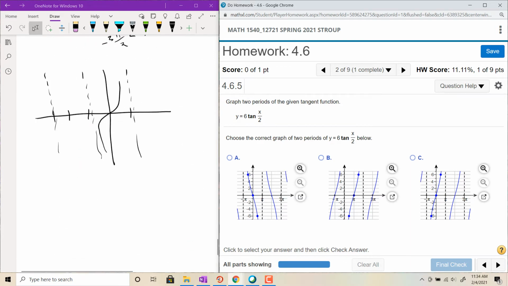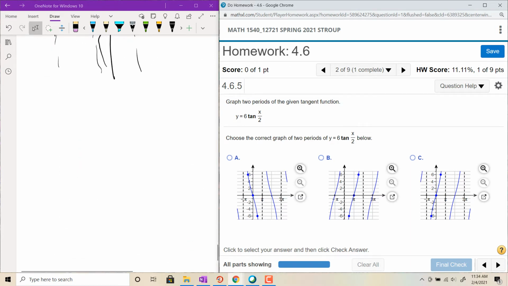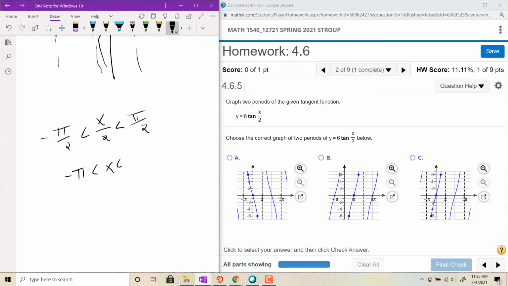Choose the correct graph. 2 periods of x over 2. Okay, so the amplitude is 6, and x over 2, we're in between negative pi over 2 and pi over 2. Multiplying by 2, now we're in between negative pi and pi.